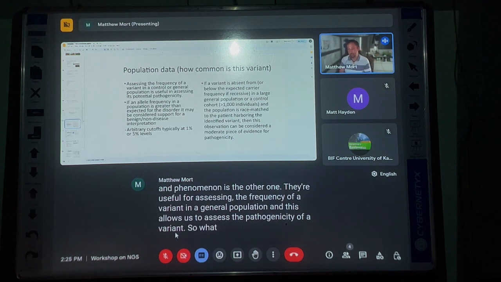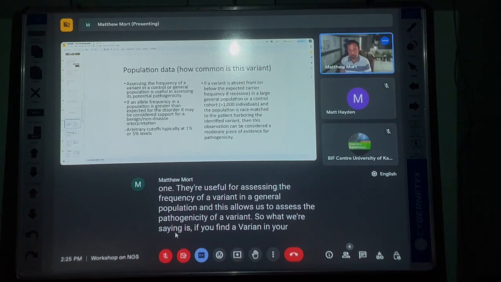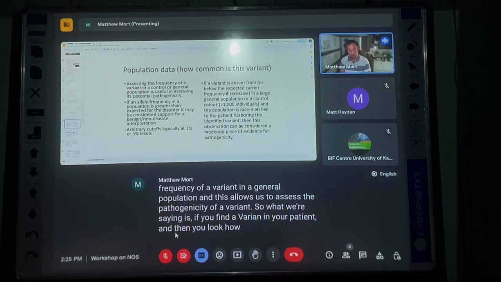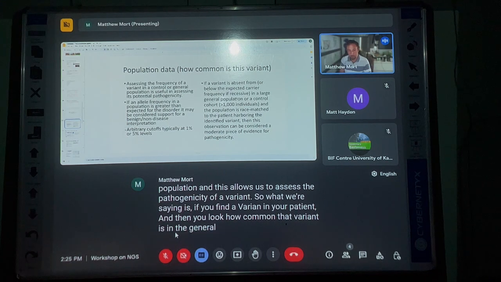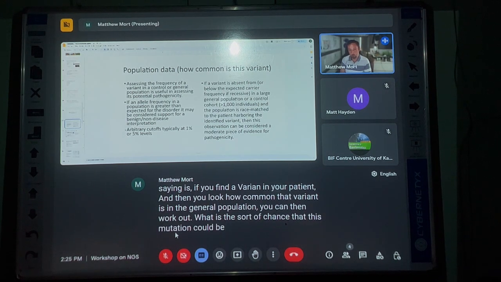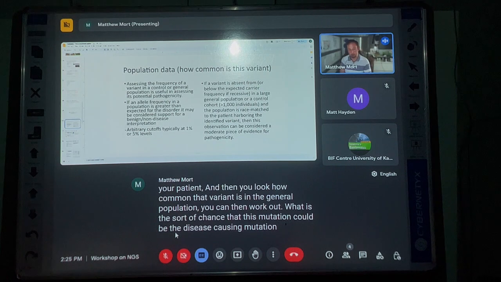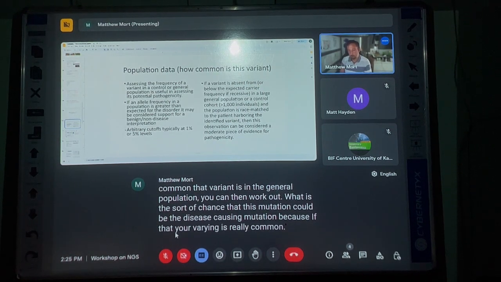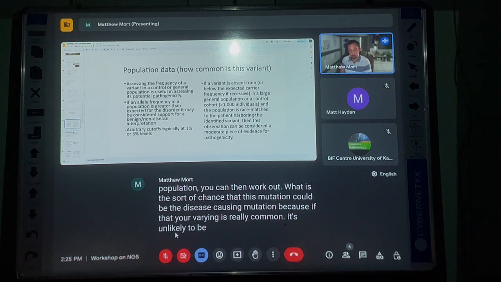If you find a variant in your patient, and then you look at how common that variant is in the general population, you can then work out the chance that this mutation could be the disease-causing mutation. Because if your variant is really common, it's unlikely to be disease-causing.